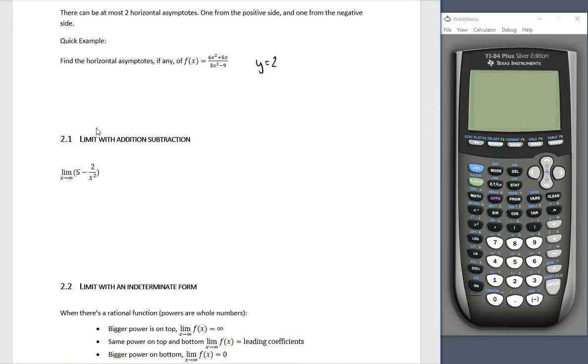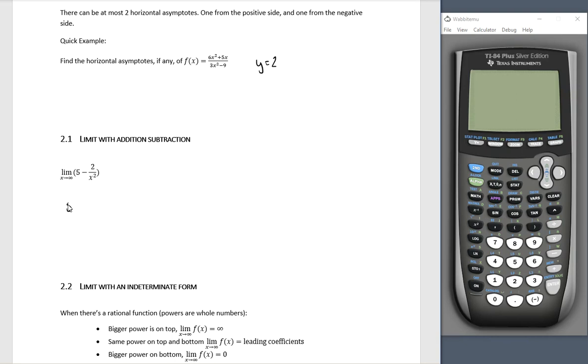All right, now, sometimes they just have a natural little bit of difficulty. If we're finding the limit as x approaches infinity, it looks like this is 5 minus 0. But when it comes to arithmetic, I would not do it like this.